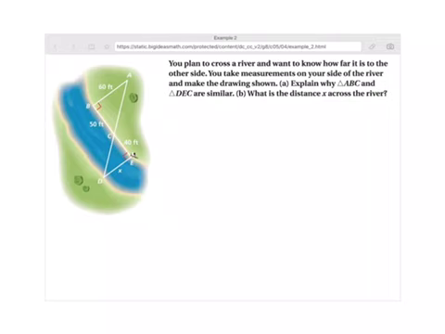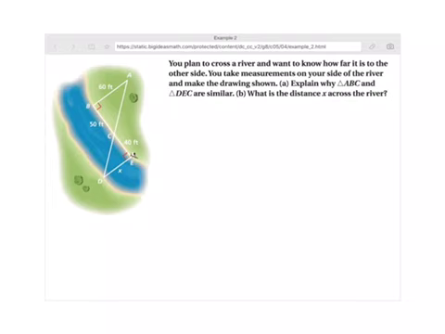So you plan to cross a river and want to know how far it is to the other side. You take measurements on your side of the river and make the drawing you see in the picture. Explain, for A, why triangle ABC and DEC are similar. And then B, what is the distance X across the river?